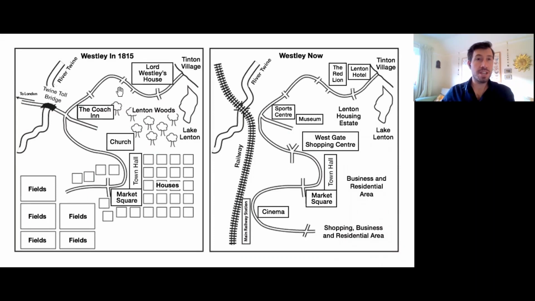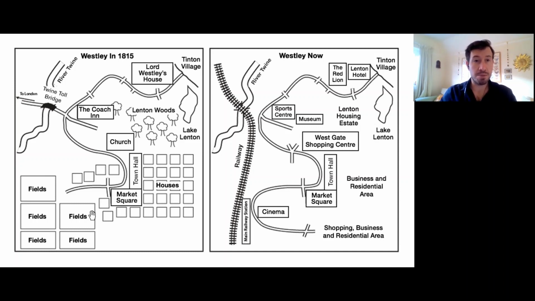Okay, so we can see here we've got Westerly in 1815 and we've got Westerly now. And there's been lots of changes that have happened. Generally, when you're doing maps, one will be in the past and one will be now. Maybe sometimes one will be now and one will be in the future. But those are the two things you're comparing. A time in the past and then another time, or maybe a time now and a future time.